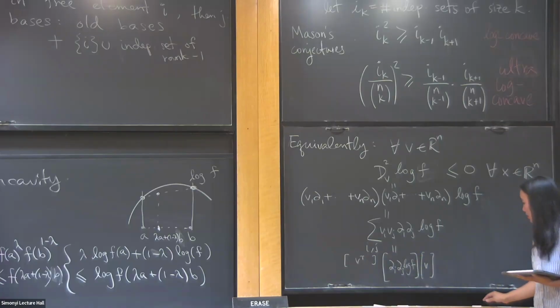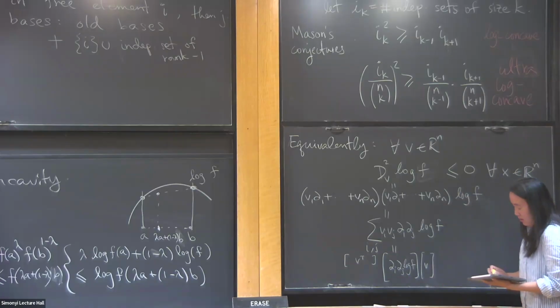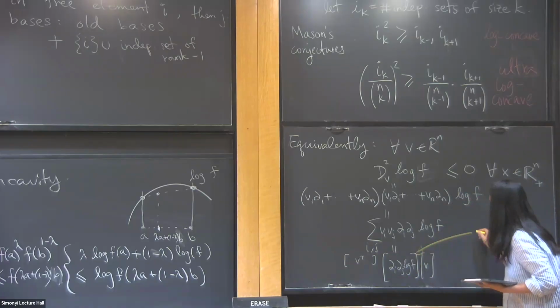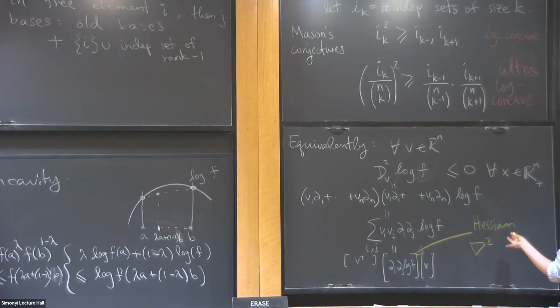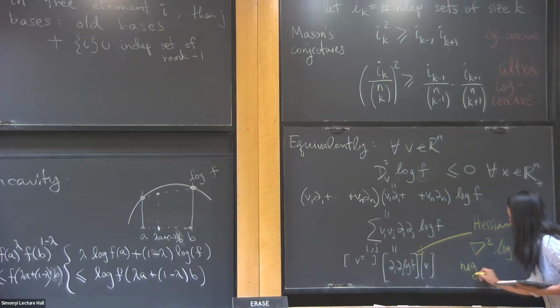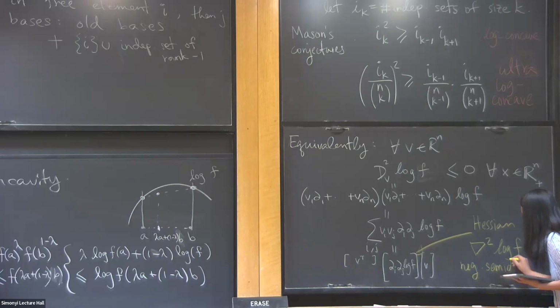This matrix is the Hessian, denoted with the upside down triangle, nabla squared log f. So we need this to be negative semi-definite for all x in the positive orthant.